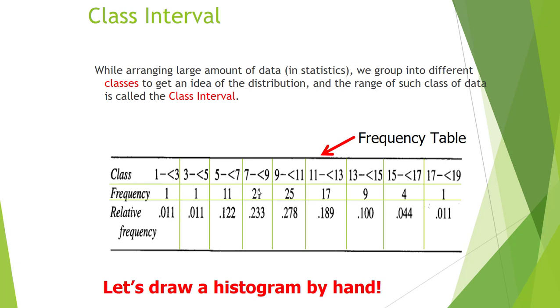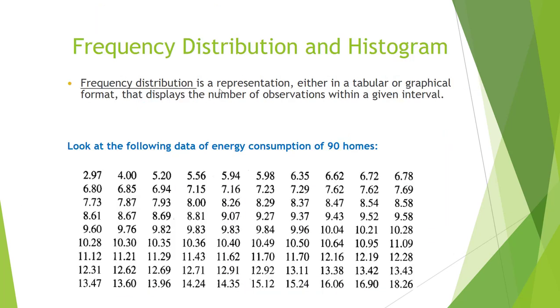So these numbers are frequencies. For example, this number 25 means I have 25 homes with energy consumption between 9 and 11. So now I have already finished putting in all these frequencies. Let's go back to the definition. Frequency distribution is a representation in a tabular format displaying the number of observations within a given interval.